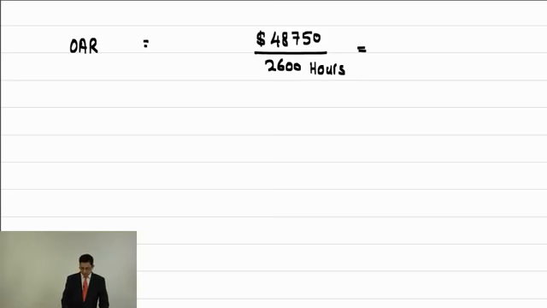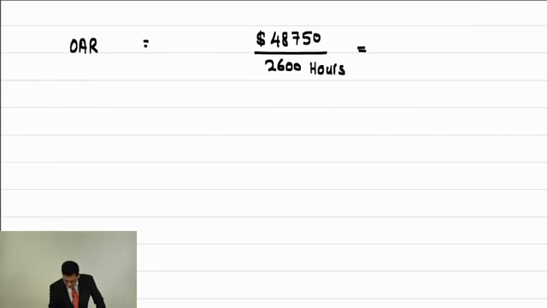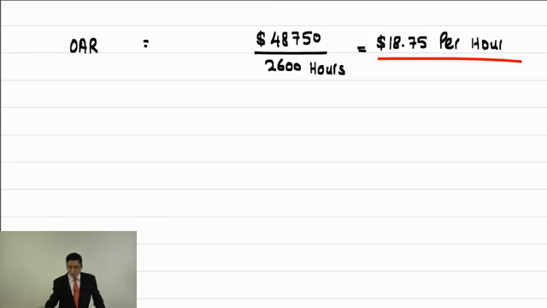And here is the overhead absorption rate per hour for 1 hour. So 48,750 divided by 2,600 gives me 18.75 per hour. 18.75 for 1 labor hour.